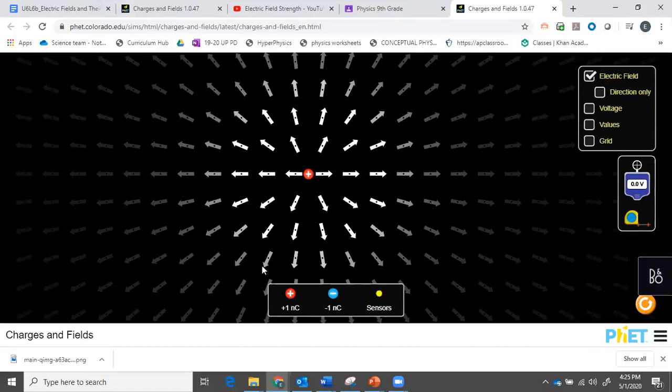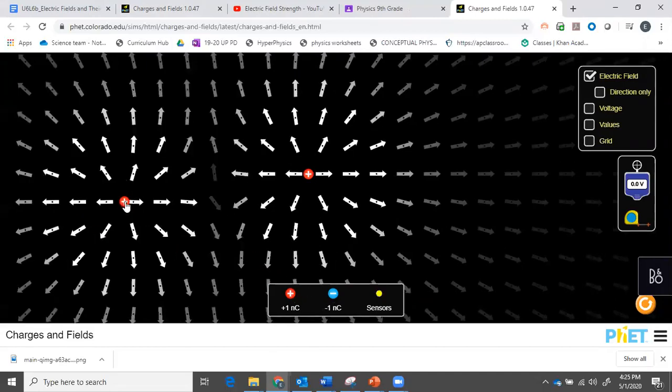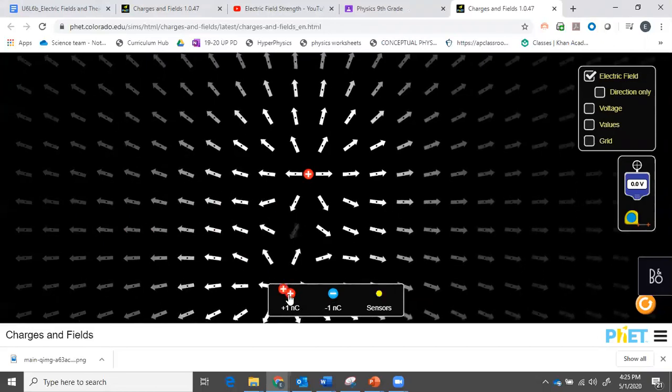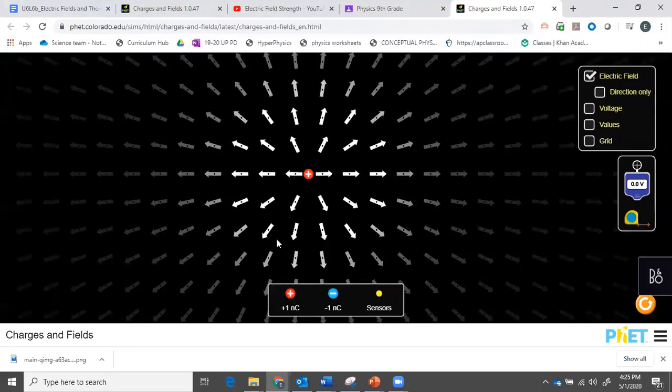So it tells me that if I were to place any other charge around this one, then it's going to experience a force because of these fields. So there's going to be some sort of interaction happening here. And so let's do one thing at a time. So here are the electric field lines for one positive charge.